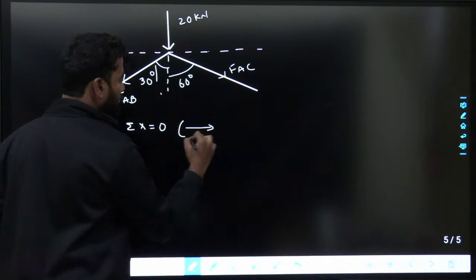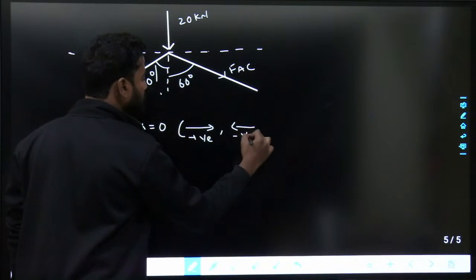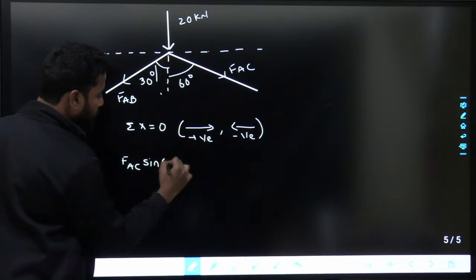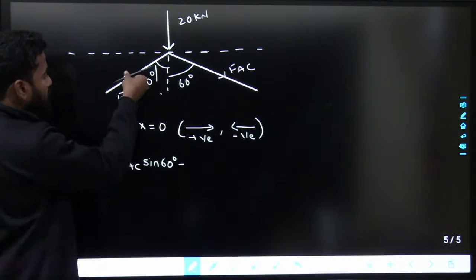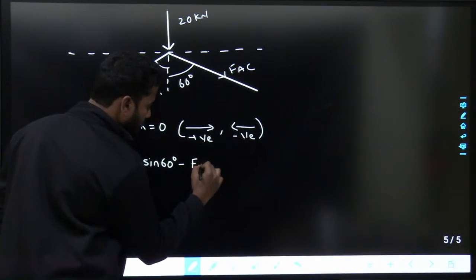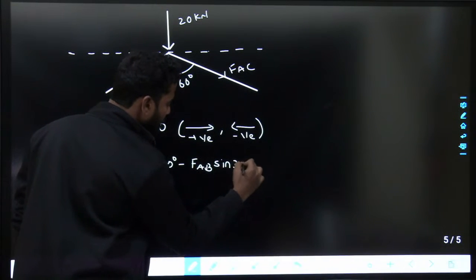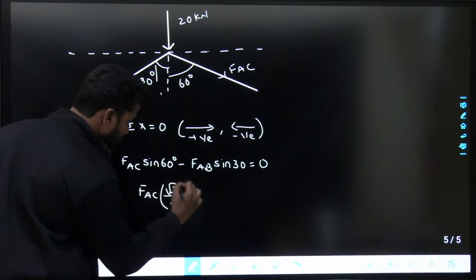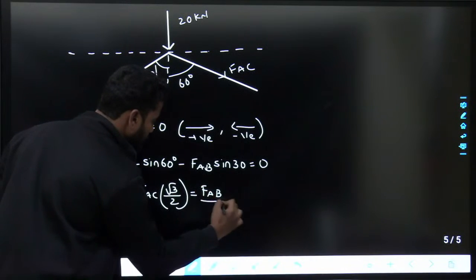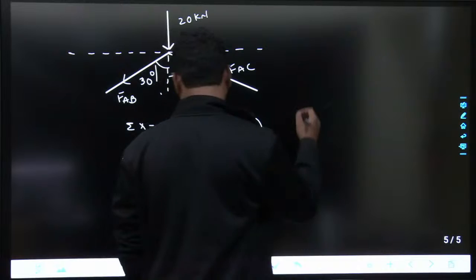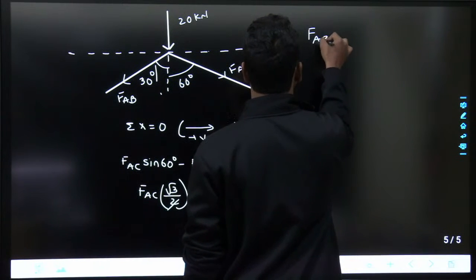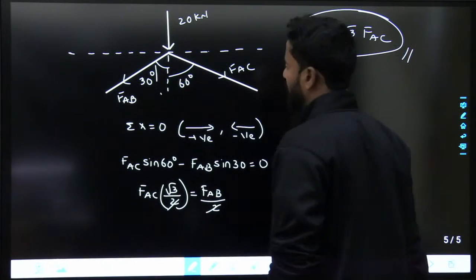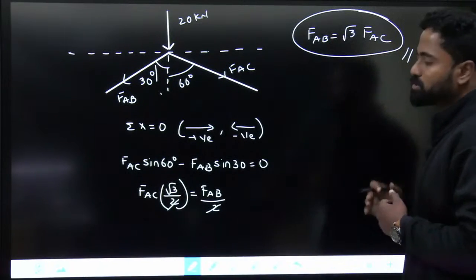If I take this direction as positive and this direction as negative, FAC sin 60 minus FAB sin 30 equals to 0. Sin 60 is root 3 upon 2, sin 30 is 1 by 2. So you can write FAB equals to root 3 FAC. Fine. FAB equals to root 3 FAC.